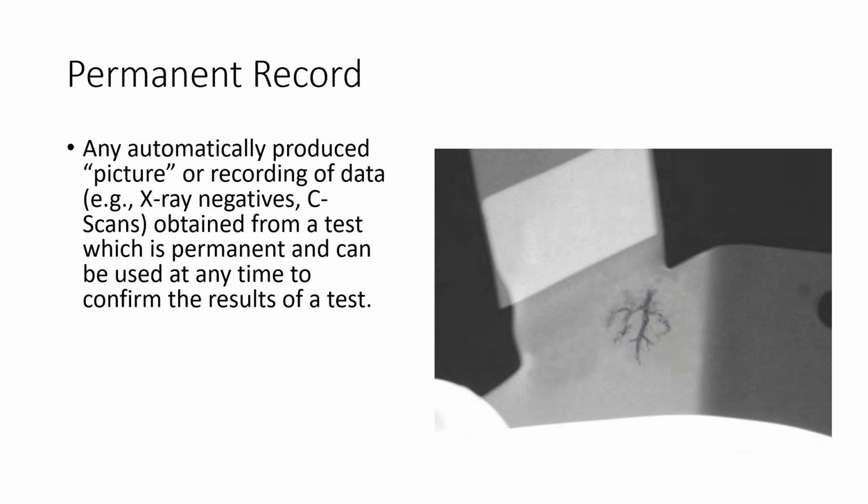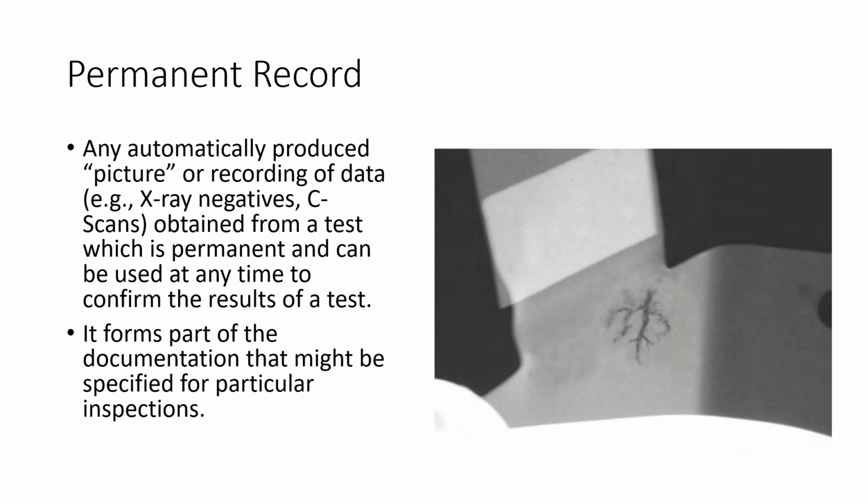We need to deal with that. So just a permanent record, pictures, anything that we can have, like I say, X-rays, radiographs, something that we can use to make disposition of a part, or to confirm that, hey, this is good. So permanent record.